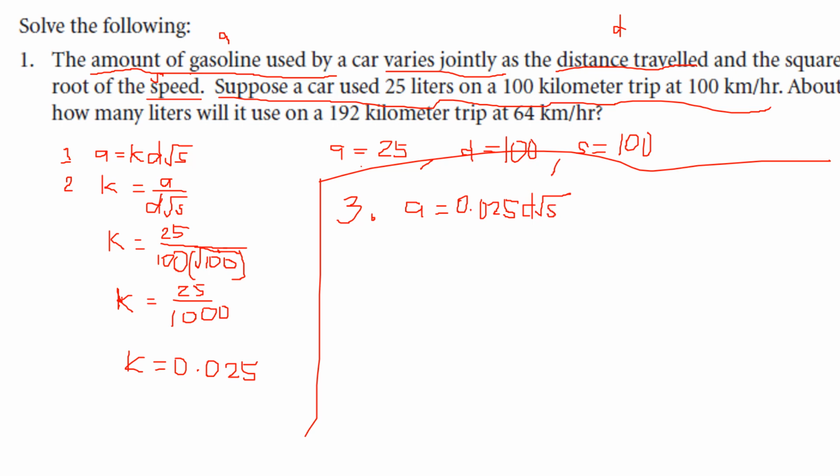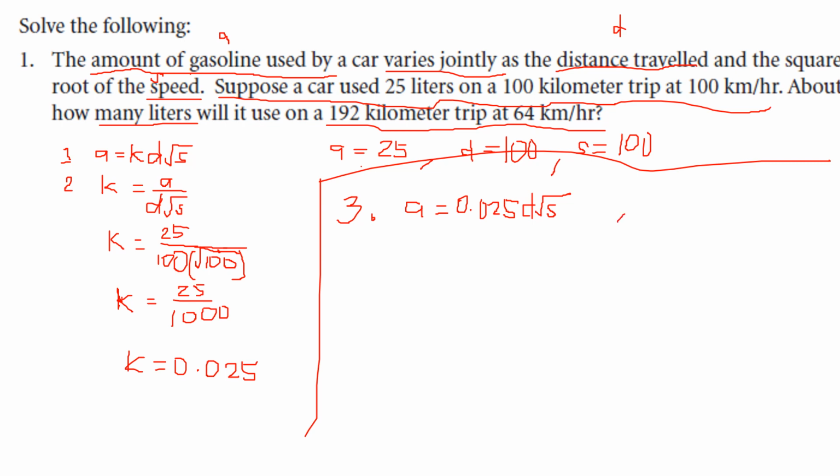so, the next question is about how many liters. What are we looking for, A, D, or S? How many liters will be used on a 192 kilometer trip at 64 km per hour. So, the 192 km stands for the distance.